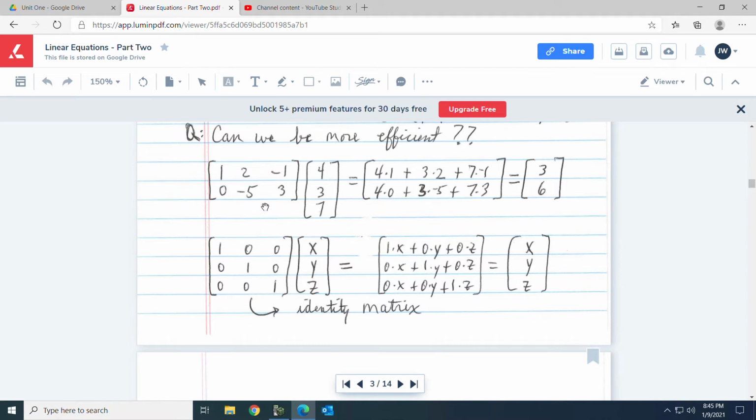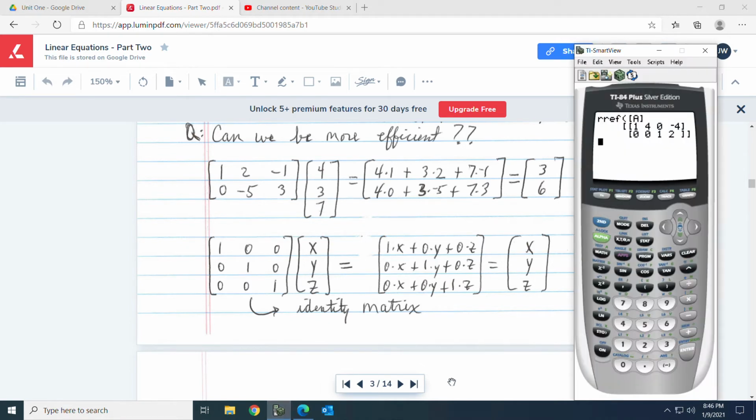But if I were to write 2 by 3 and then 3 by 1, the number of columns of A have to match the number of rows of X. If they don't, and you happen to forget that, don't worry, your calculator will remind you.